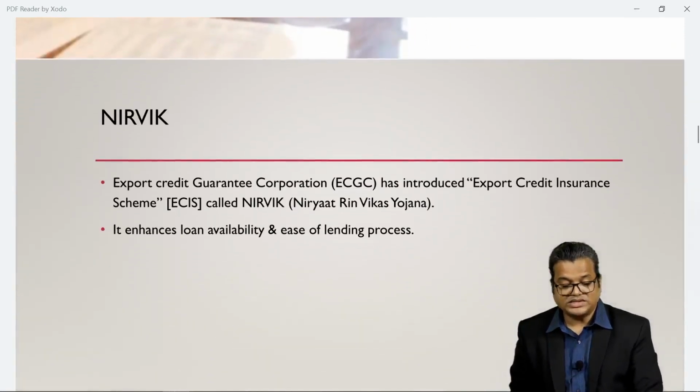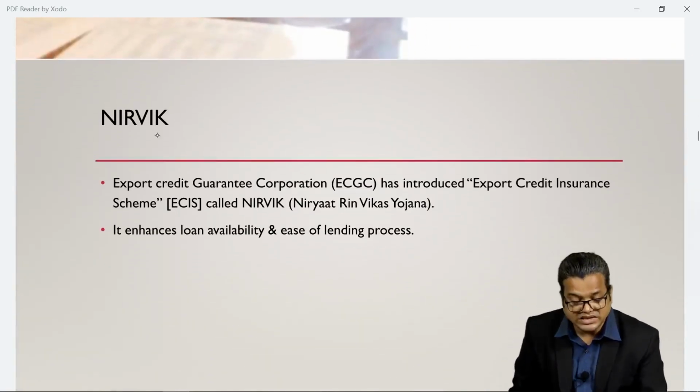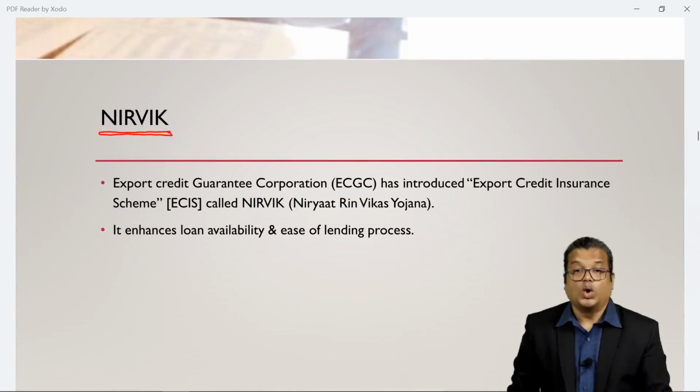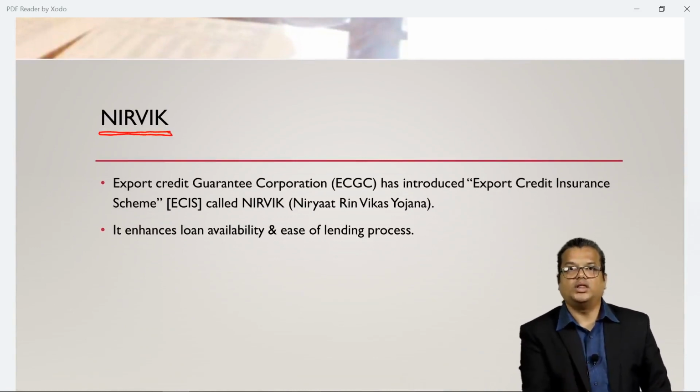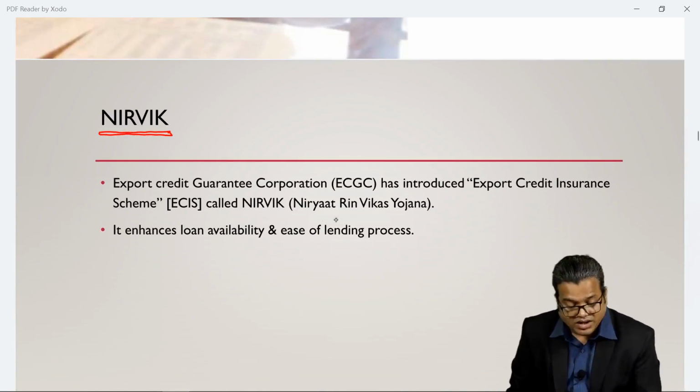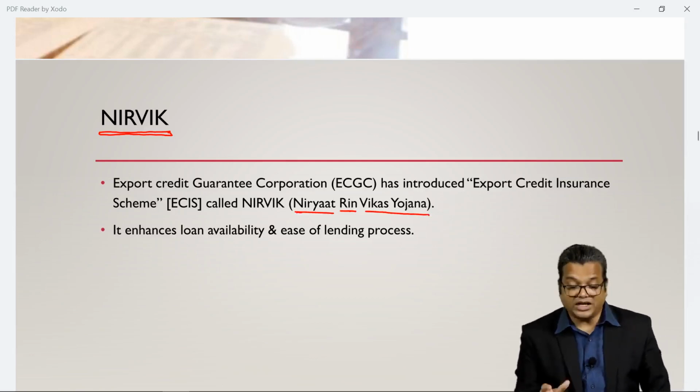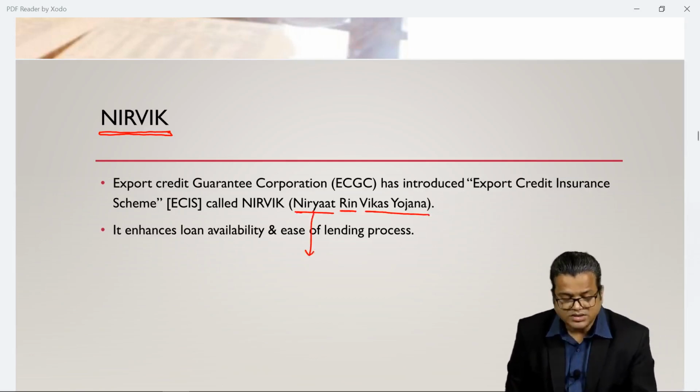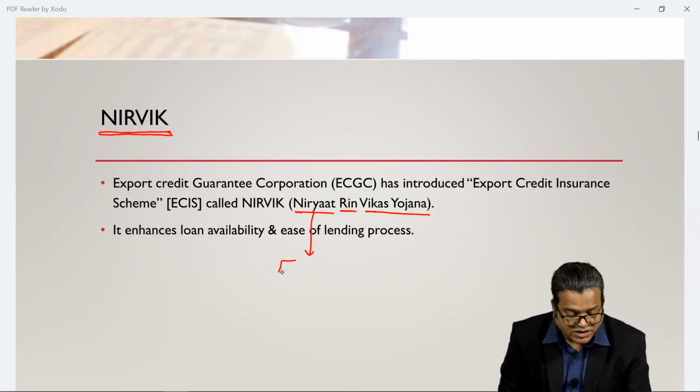It is about a scheme which is known as NIRVIK. Okay, where has this word NIRVIK come from? It's an abbreviation of Niryat Rin Vikas Yojana. Let me elaborate. Niryat, simple words, is nothing but what, friends? Export.